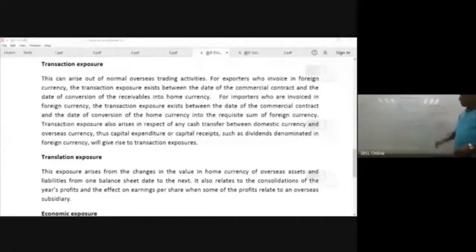Red clause LCs are two kinds: conditional and unconditional. Now, this part I have not tested yet.